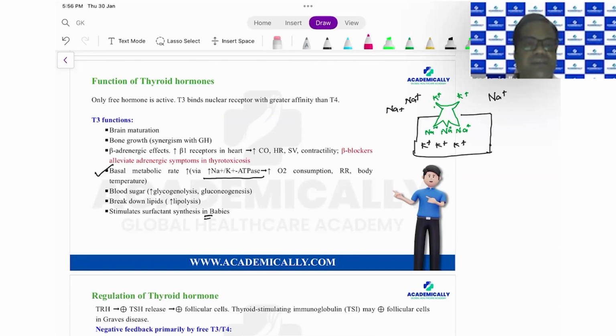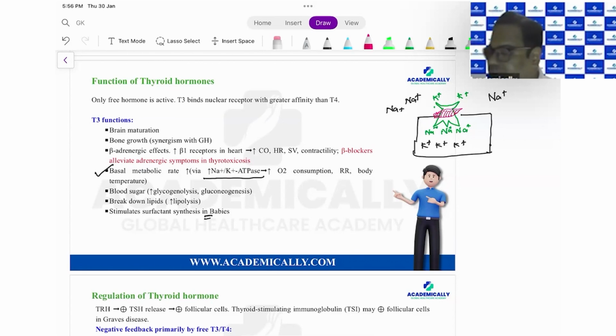And when we are doing such a thing which is against the electrical gradient, we need energy. And who provides us energy? ATP. When you break one bond of ATP, you will get energy. So you need an enzyme which breaks ATP so that energy is released, and this energy helps us take these ions across. We want something that gives us energy, and this is what we call the ATPase.